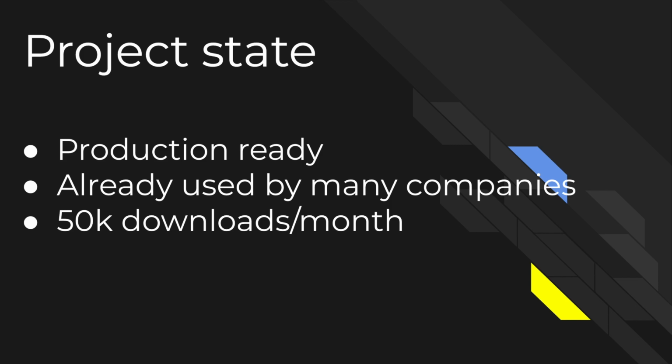So if you use Django Ninja, please drop me a line. And also, as I see on the stats on PyPI, the package has more than 50,000 downloads per month, which to me sounds really crazy.